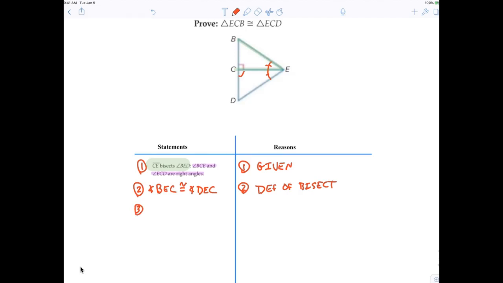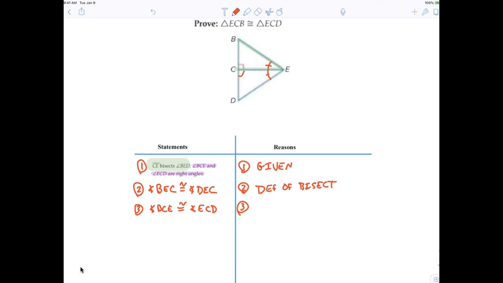Number 3, angle BCE is congruent to angle ECD. Because why? Now listen, I don't really mind you saying that, but normally, definition of right angle just means that the angle is what? 90 degrees. Right angles are always what? Congruent. That's what I write down. I just think that's easy. All right angles are congruent.